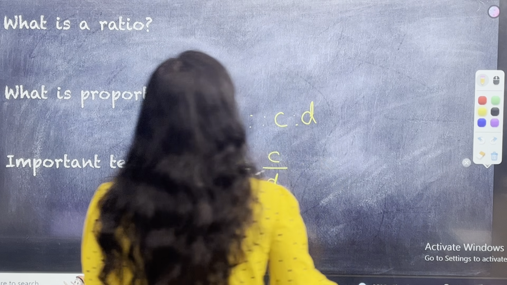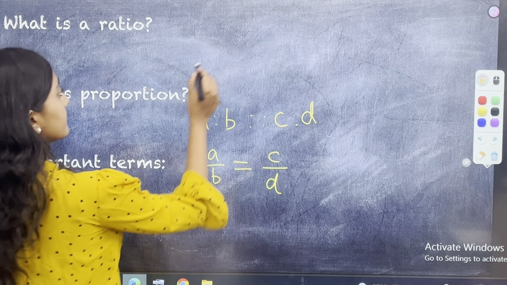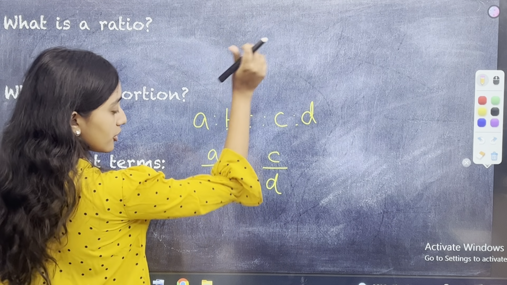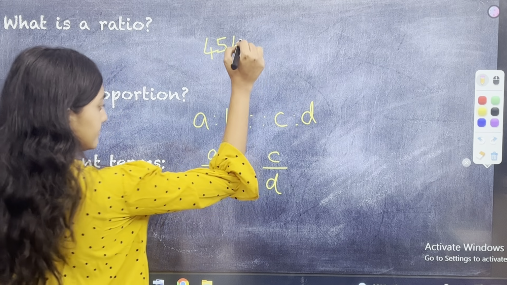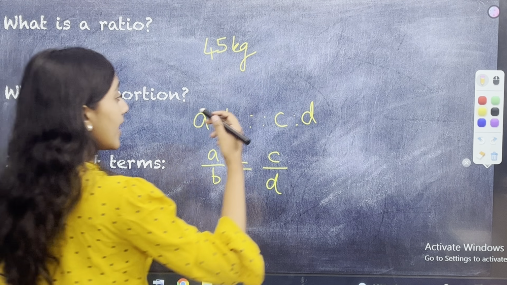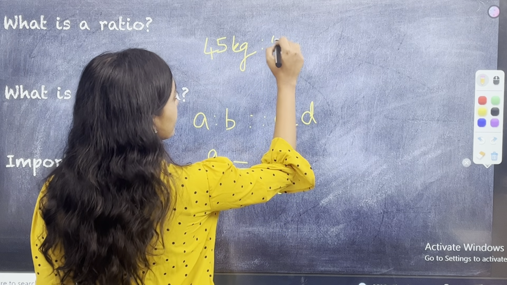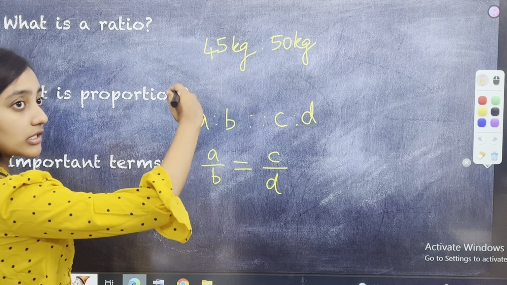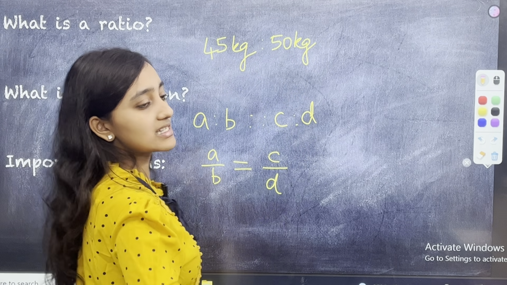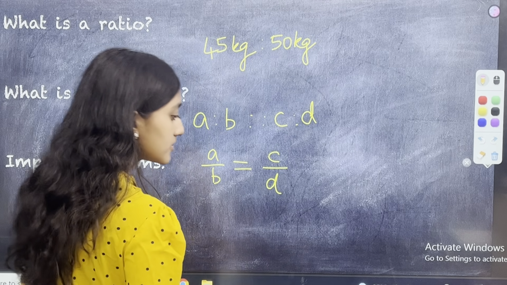So, for example, I am going to say I have one particular value as 45 kgs. I have another value as 50 kgs. This is a ratio 45 is to 50. You can always bring it to the most simplest form.